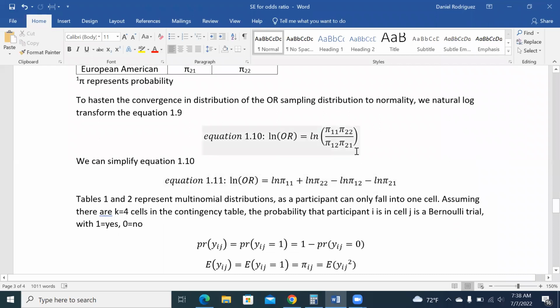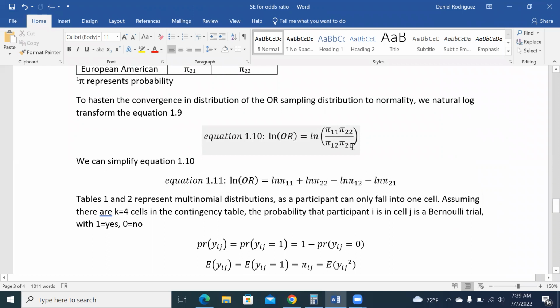When we have the natural log, we can reformulate this, right? The natural log of this quotient is the same as the natural log of the product in the numerator minus the natural log of the product in the denominator.